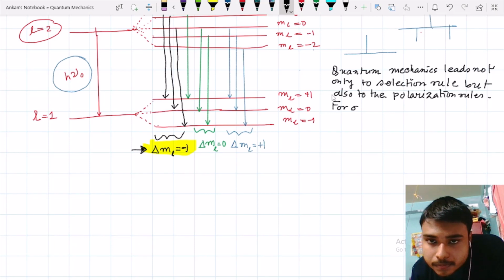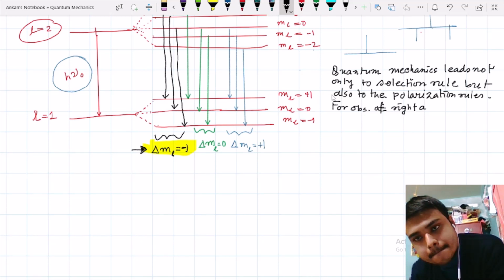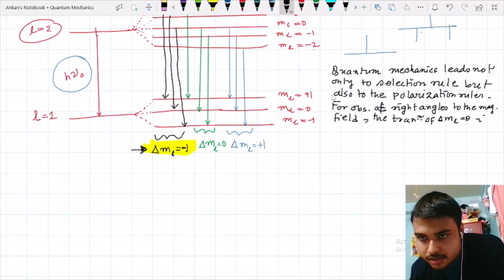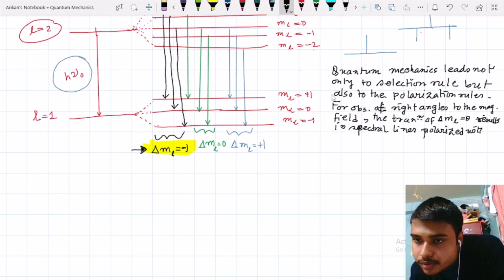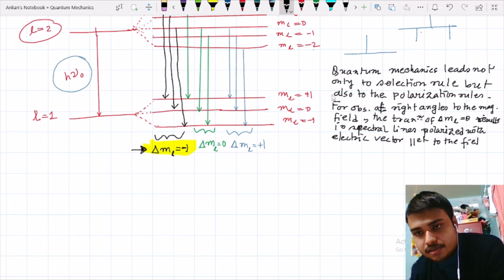For observation at right angles to the magnetic field, the transition of delta ml equal 0 results in spectral line polarized with electric vector parallel to the field.